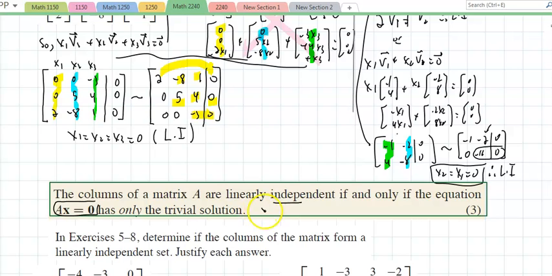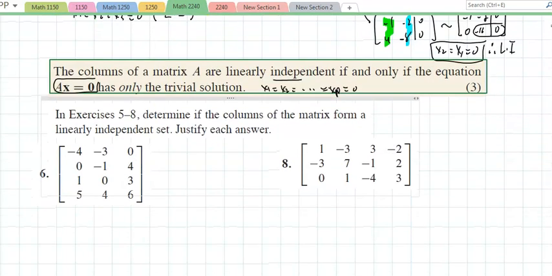What's the trivial solution? If they're all 0. So again, what we just mentioned, they're going to give you that in so many different forms, and it's not going to change. That's very efficient.